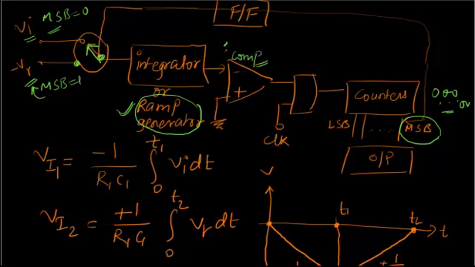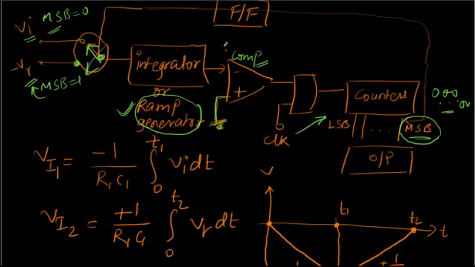This is a comparator, and since this is at ground potential, this will be higher anyway, so this clock pulses are transmitted here to the counters. So this counter starts counting, till this MSB becomes 1. When this MSB becomes 1, what happens? This switch now will shift to here, to minus VR.